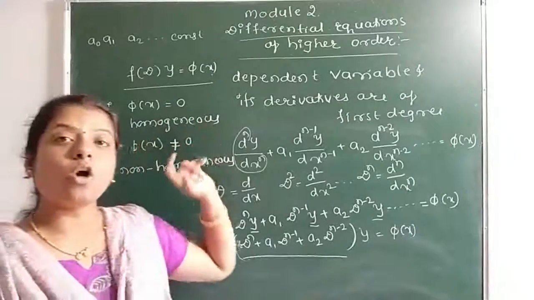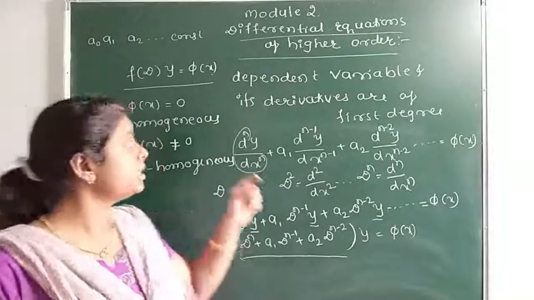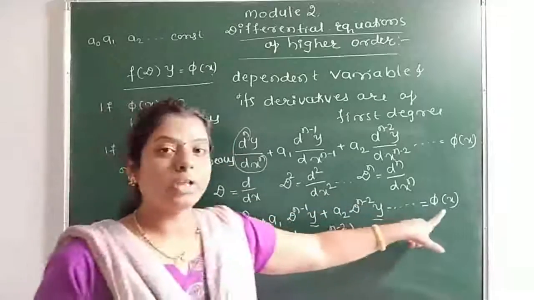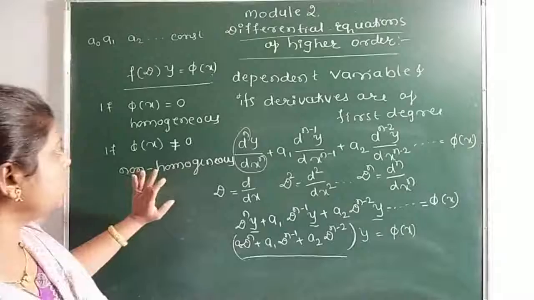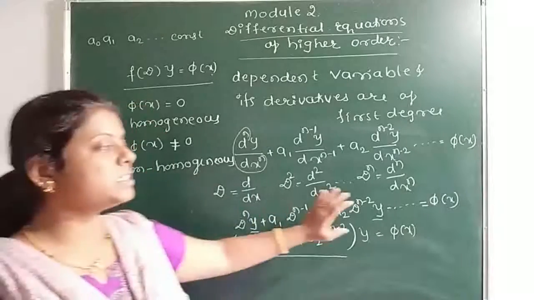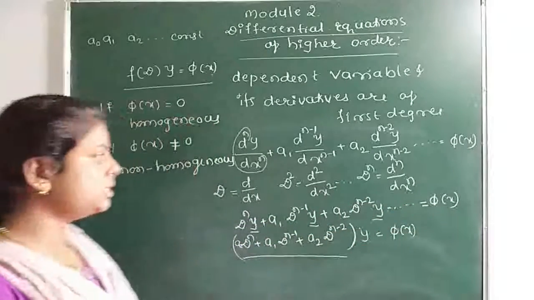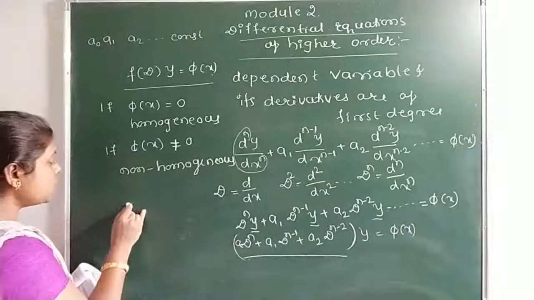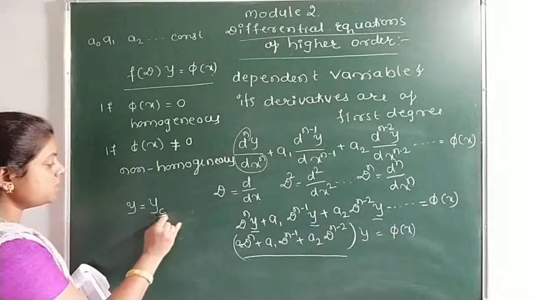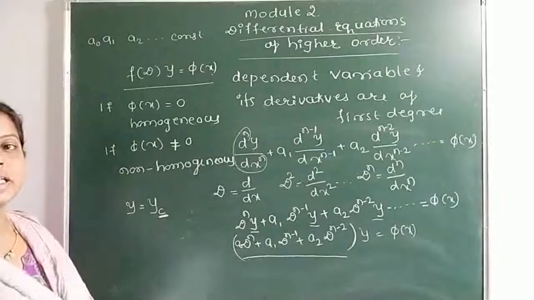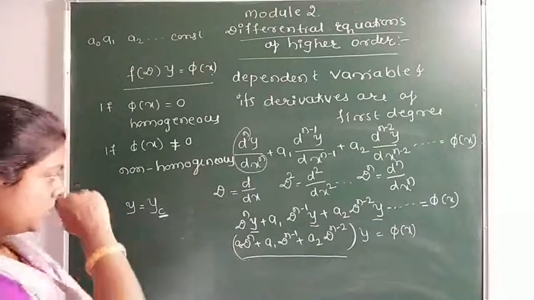In a homogeneous equation, the RHS part, φ(x), becomes 0. That you have to remember. If the RHS is 0, then our solution is directly y is equal to yc, where c indicates the complementary function.